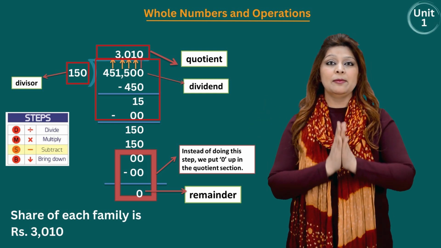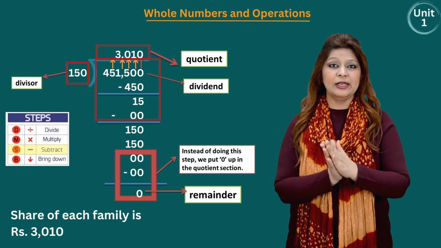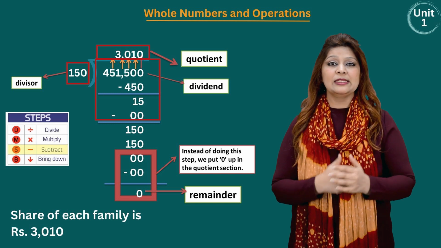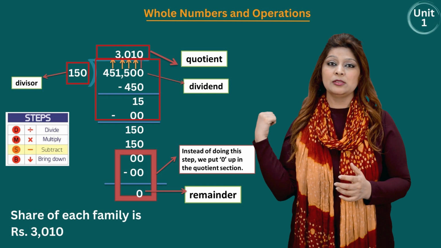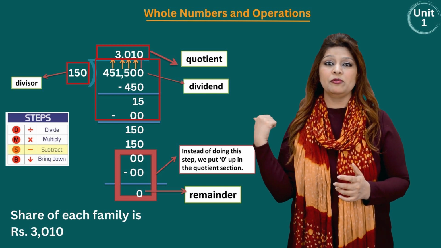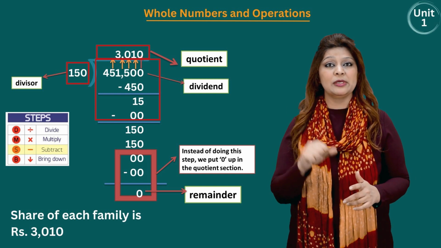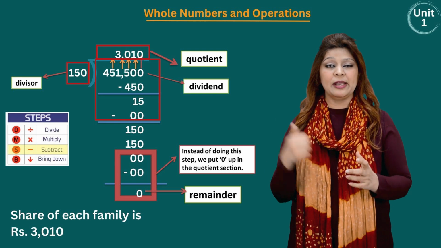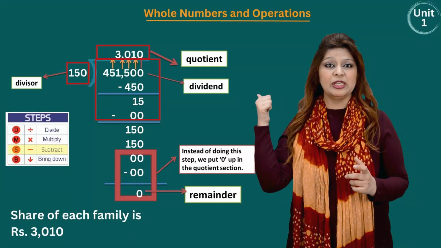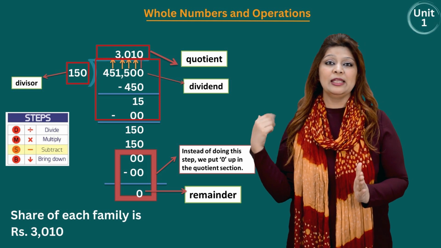But you can see that the number 15 is less than the number 150, so I can say 150 multiplied by 0 is 0. So I will write two zeros over here, because in division we cannot bring two numbers down at the same time. So I will just put one number down and write 1 0 on the top with the quotient, and then I will write 2 zeros over here.